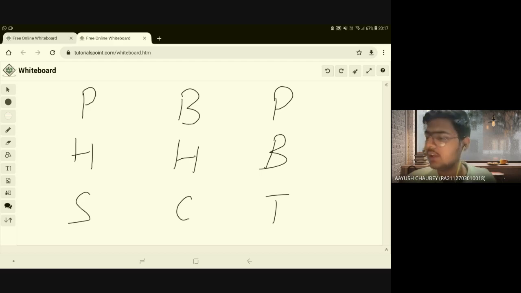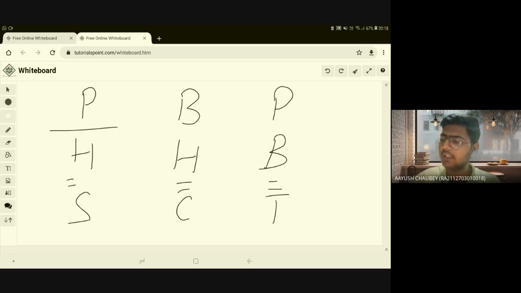So from this you can get a rough idea that P stands for perpendicular, B stands for the base, and H stands for hypotenuse, and S, C, T are sine, cos, and tan. So we could usually take it as perpendicular upon hypotenuse, base upon hypotenuse, and perpendicular upon base. So these are some tricks which you can use to memorize these function values.